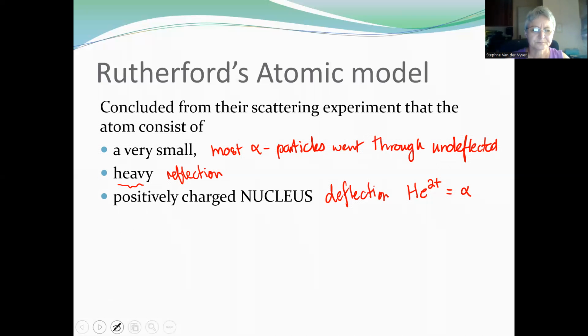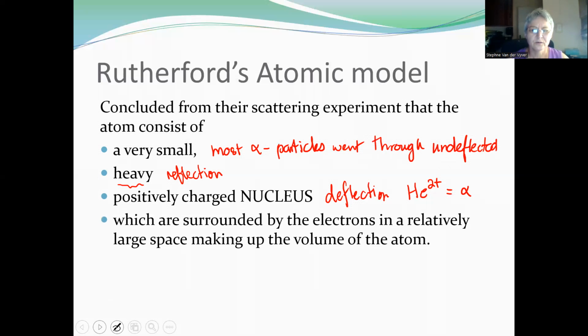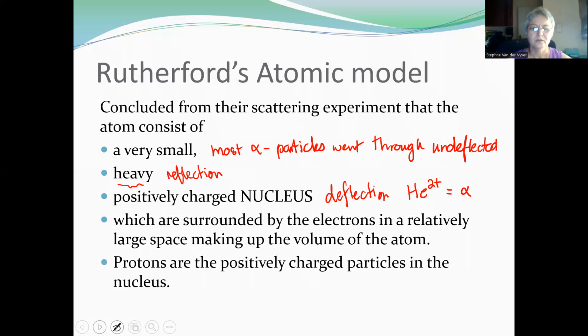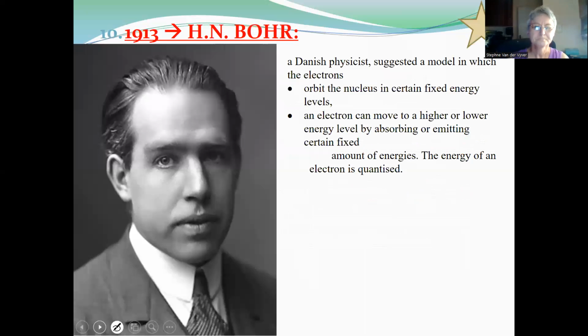So he said that most of the atom is empty space in which the electrons are found. By this time, they had already discovered the electrons. John Thomson discovered the electrons. And the protons are positively charged particles in the nucleus. This is what Rutherford said after they observed the things I showed you in the video.